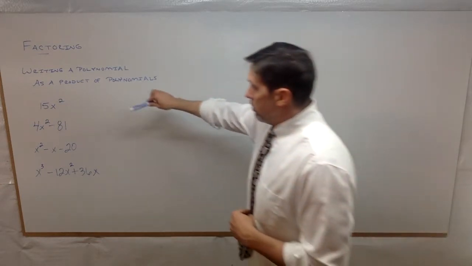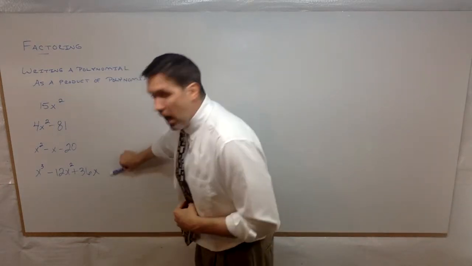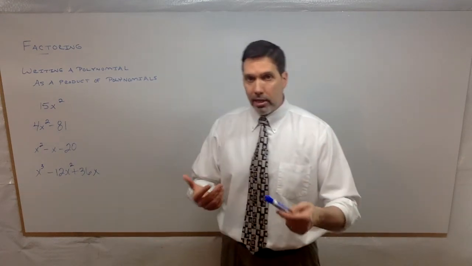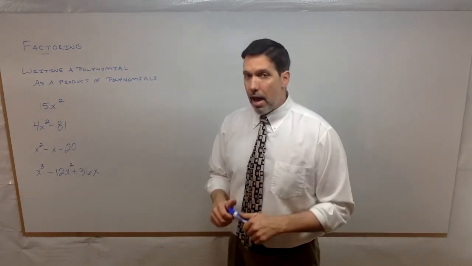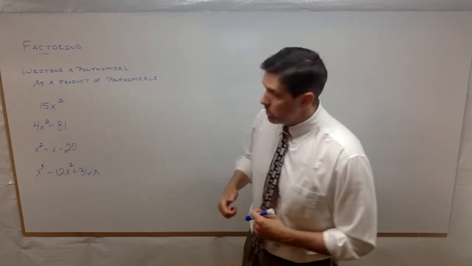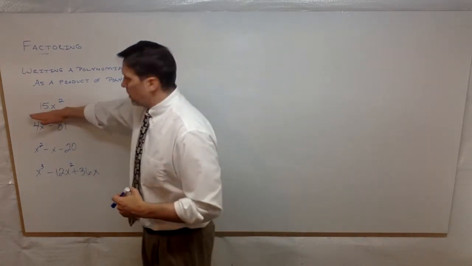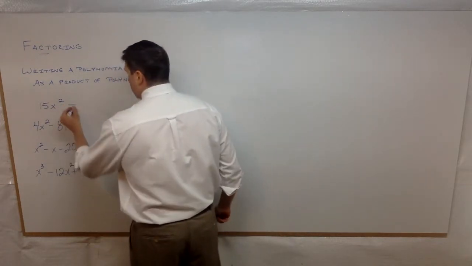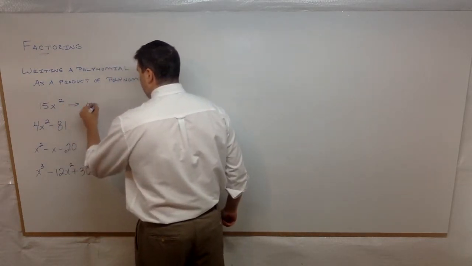All right, so what you have here are examples of polynomials. Now, for some polynomials, depending on how many terms they have, we give them special names. This one right here is known as a monomial. Monomials we generally don't factor.